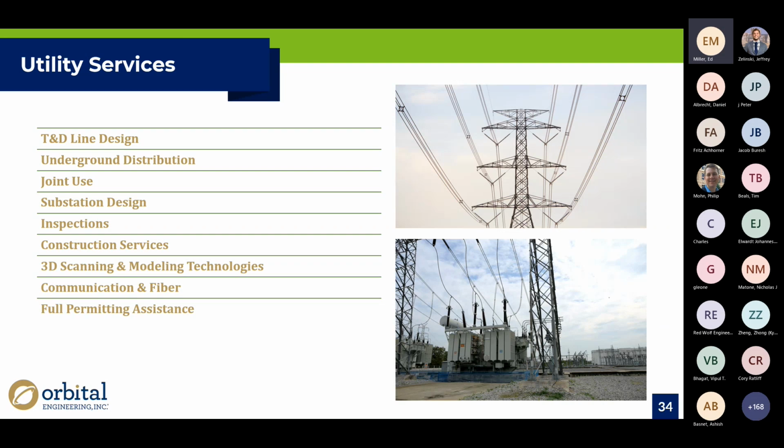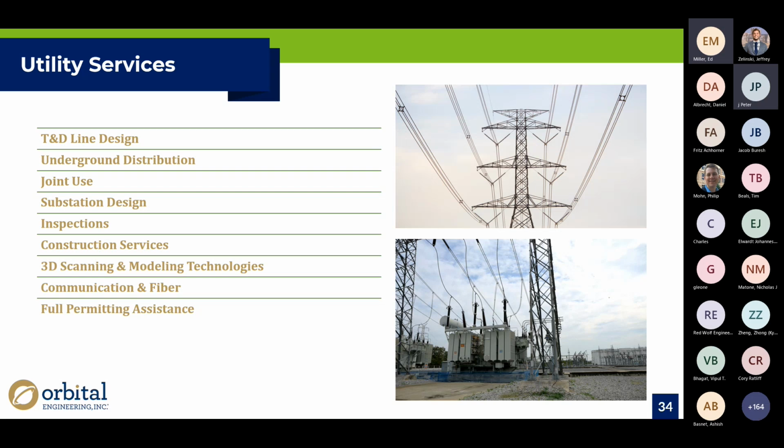The joint use space includes program administration for telecommunication companies, and make-ready design and construction. We're a full-service electrical substation design firm for inside-the-fence engineering. This includes brownfield and greenfield design for 400 to 500 kV. We provide full protection and control design services, physical outdoor electrical design, and civil structural design.